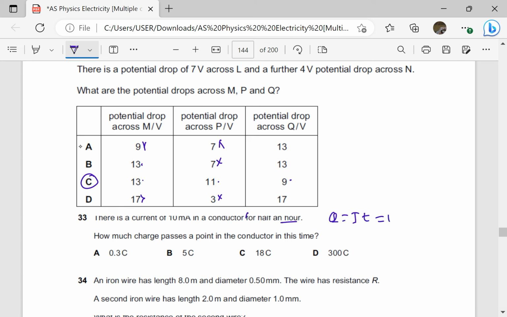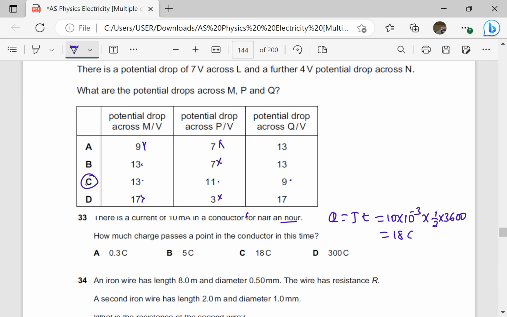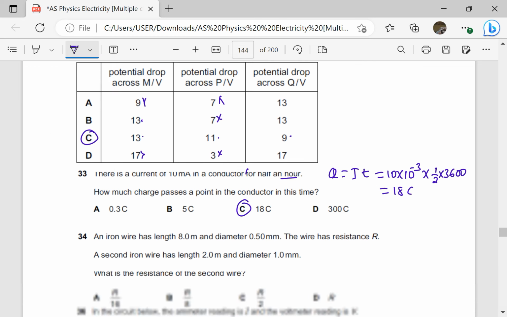The current is 10 times 10 power negative 3, then times the time, which is half an hour, that is half times 3600. So this is 10 exponent negative 3 times 0.5 times 3600, which is 18. So the charge is equal to 18 coulombs. So our answer is C.